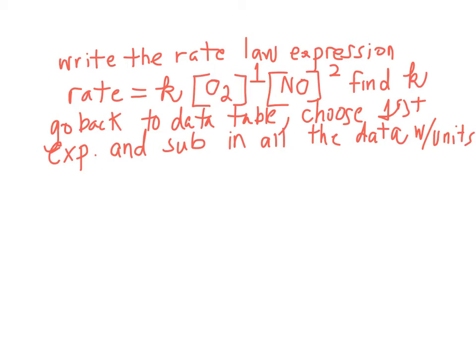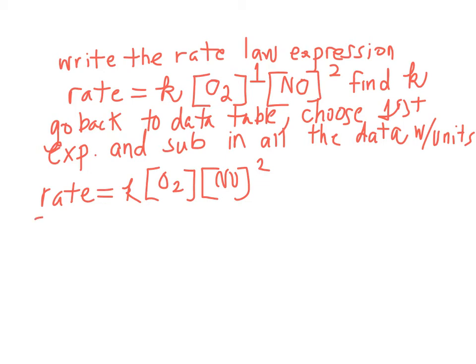So if we pick the first experiment, let's write the rate law. We have rate equals K, O2, NO squared. Go to the first experiment and substitute in. The rate is equal to 3.21 times 10 to the minus 3. Units for rate is always molar per second, equal to K, my rate constant.